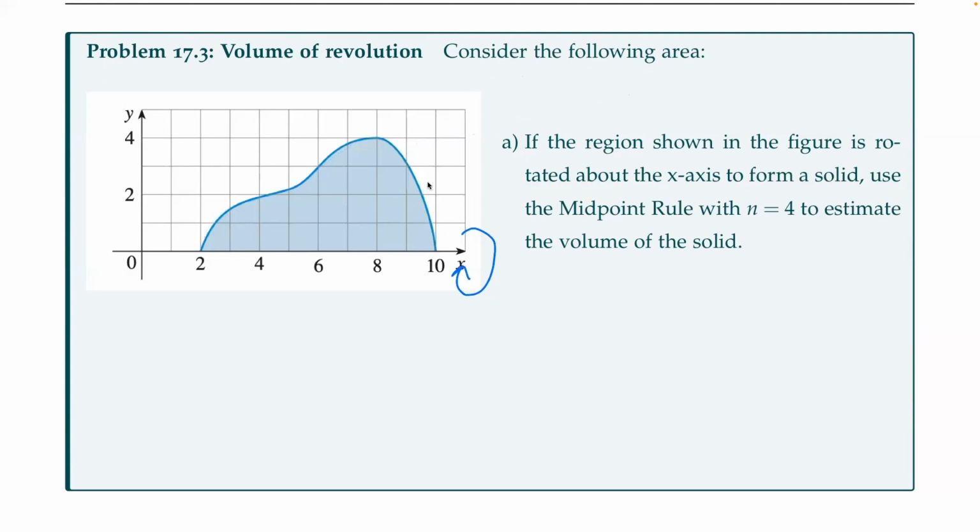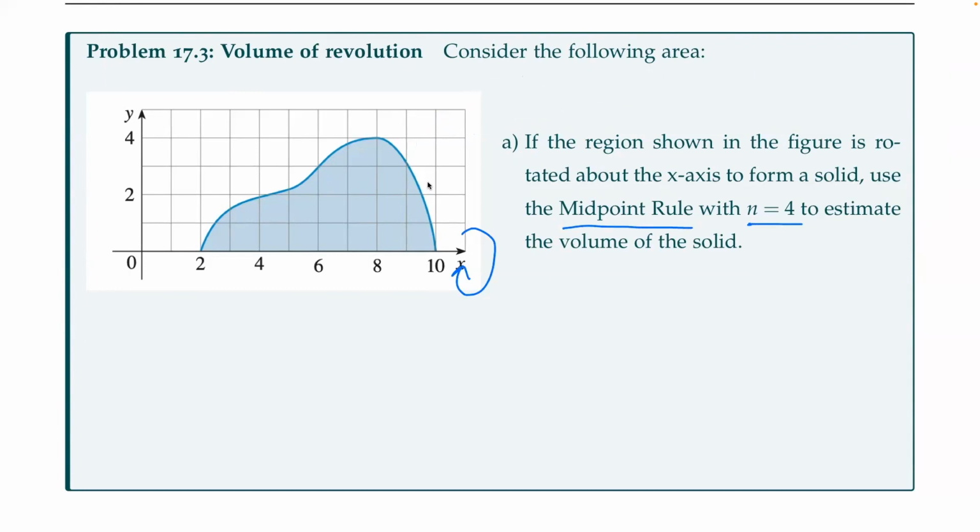We're asked to do this using the midpoint rule with n equal to 4. So we want to break this into 4 equal chunks and rotate this around. Use the midpoint rule, just like we did the other day, to estimate the different heights of this function. The heights of that function are then going to give you your cross-sectional areas when we do a rotation around the axis.